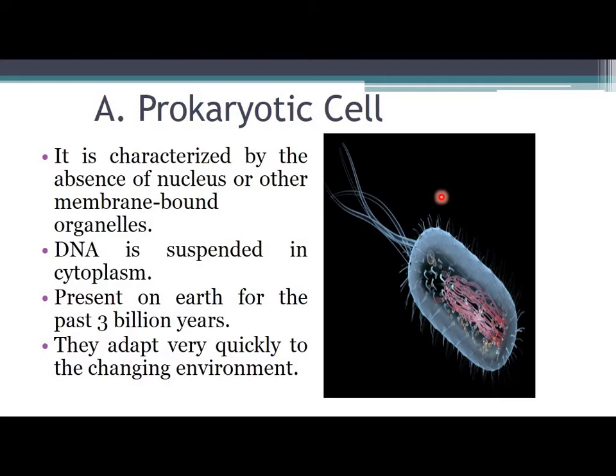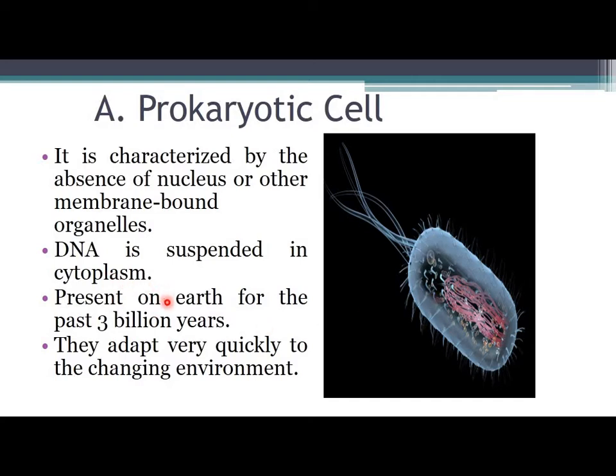So, the first type of cell is the prokaryotic cell. It is characterized by the absence of nucleus or other membrane-bound organelles. So remember that: it has no nucleus and no other organelles. Thus, the cell's DNA is suspended in what we call cytoplasm. What is cytoplasm? Think of jelly ace.